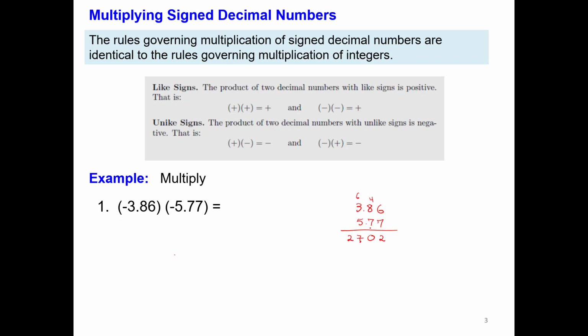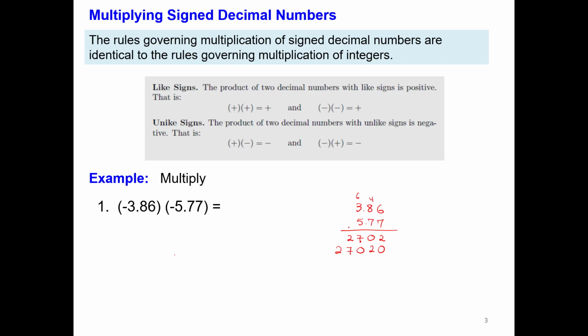Now we multiply again by 7 and we will get the same number, but in this case 7 is in the tens. Then we need to complete this one and we will get the same number, 2702. Yes, because we multiply by 7 again.